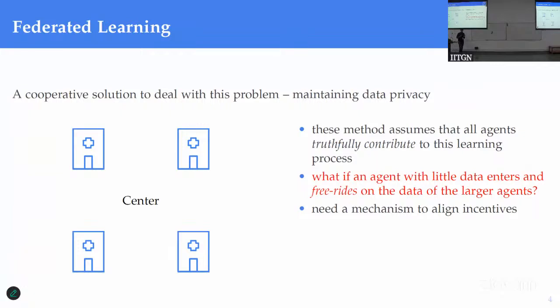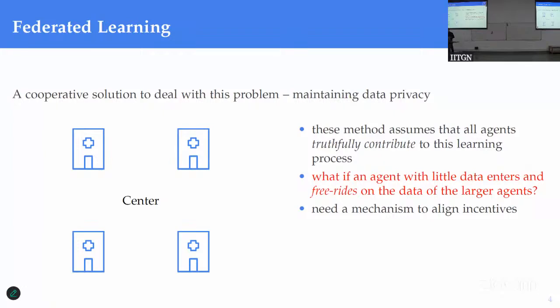Federated learning will be best if everyone contributes to the maximum possible extent, whatever data they have. If they can train on their entire data and send back those gradients, that is the ideal thing, and that is already assumed in federated learning.